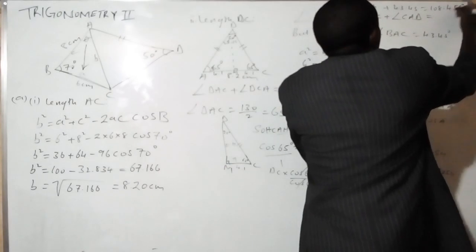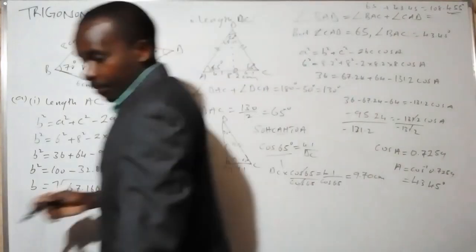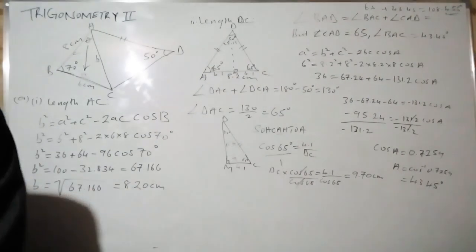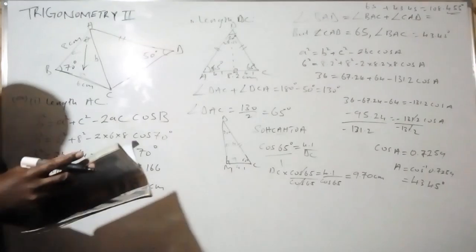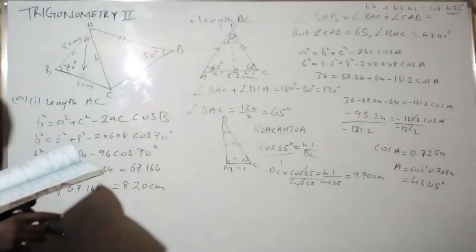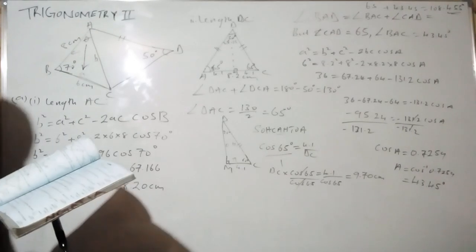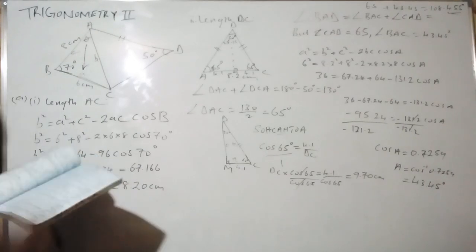And that is the correct answer for that part. It was supposed to be part Roman 3. Then finally calculate the area of the quadrilateral ABCD, the area of the whole of that.